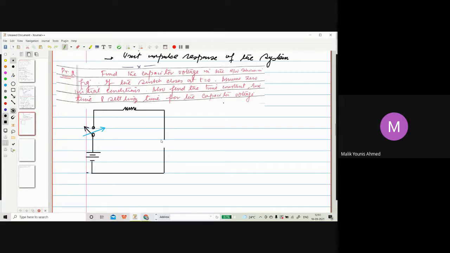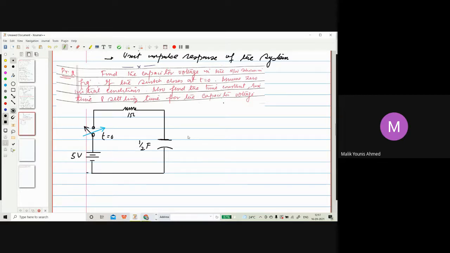This is your capacitor, the value of which is 1 by 2 farads. This is 5 volts, and at t equal to 0 the switch is going to close, and this is 1 ohm.